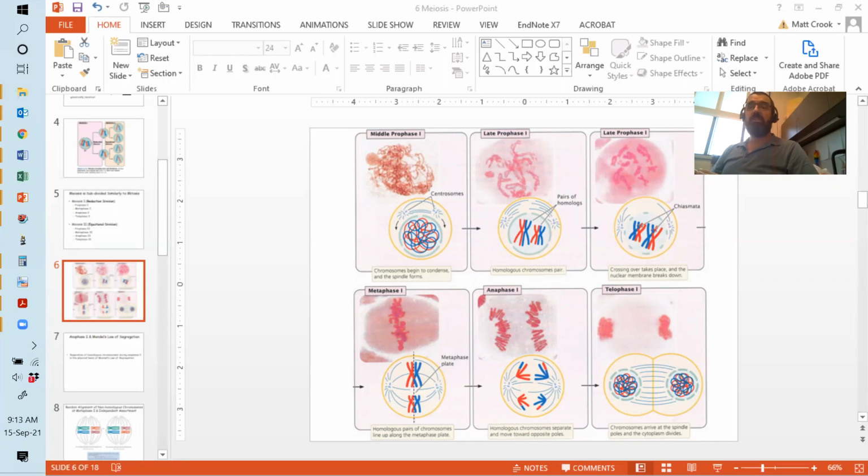Now, recombination is essentially, if we take that analogy a little bit further, let's say you have a king of spades and a king of spades lined up, right? So we've got one king of spades from your mother, one king of spades from your father. Recombination is essentially tearing off, very precisely but randomly, a piece of one card, tearing off the exact matching piece of another card, and then sticking them back on the other ones.